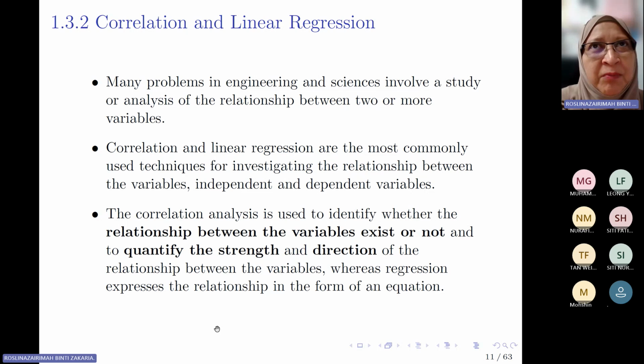Then we plot, using numerical and graphical analysis to summarize our data, using summary, describe, and graphical analysis like histogram and box plot. And then finally we look at the relationship, that is correlation, between the variables.